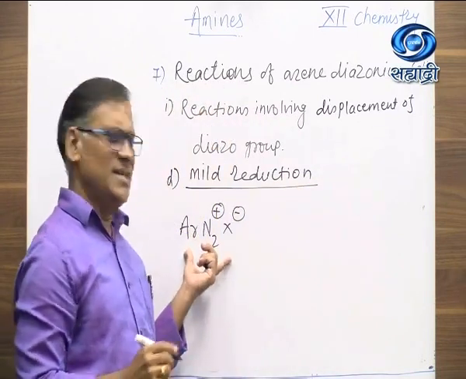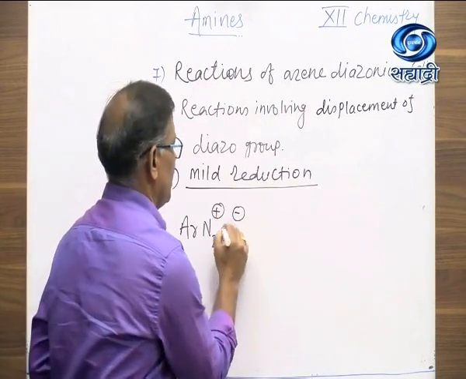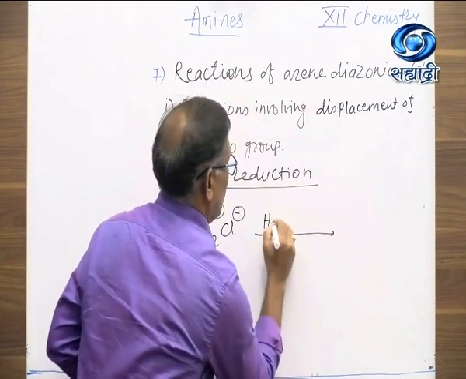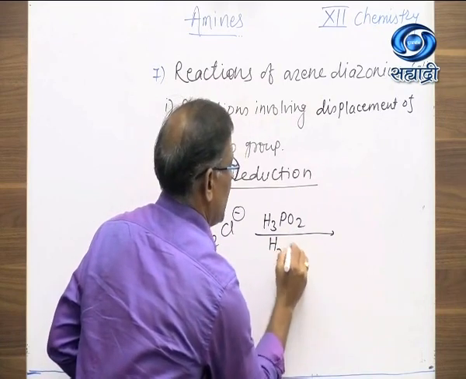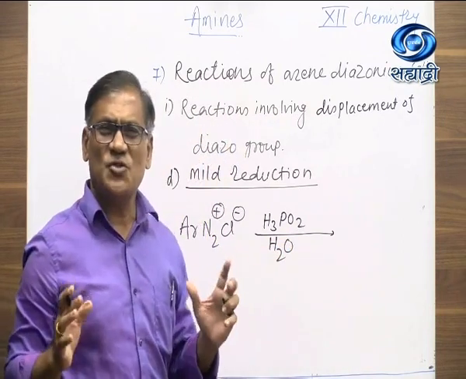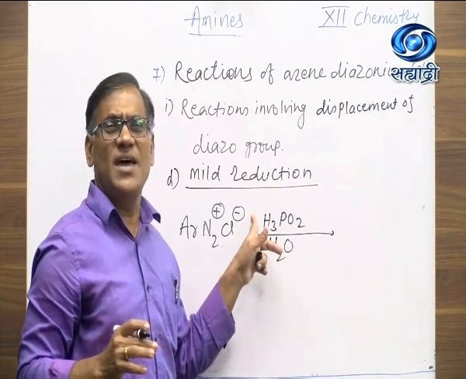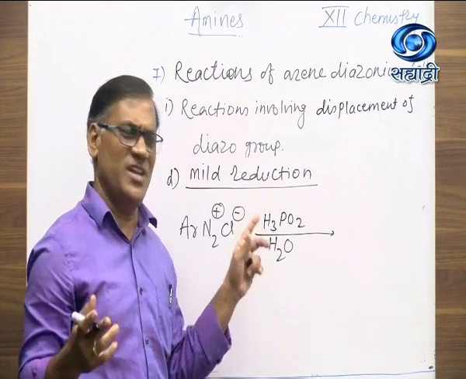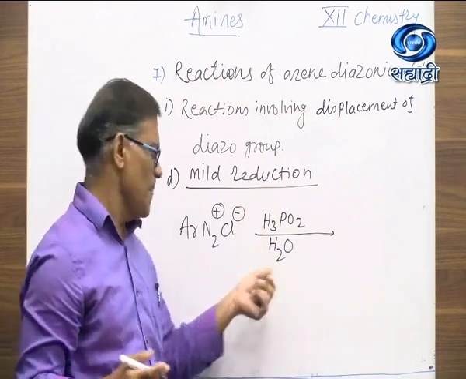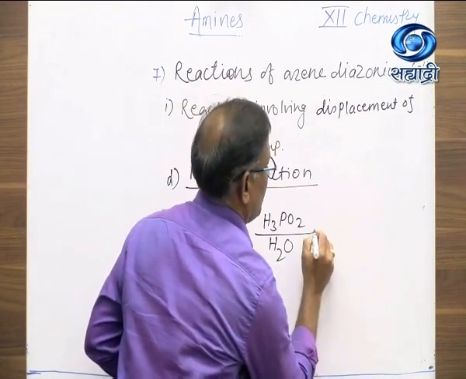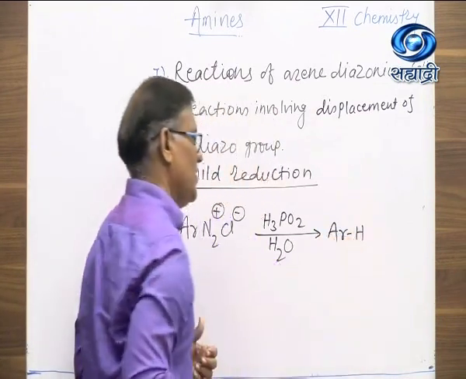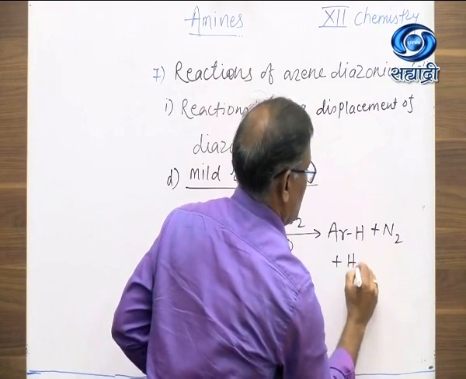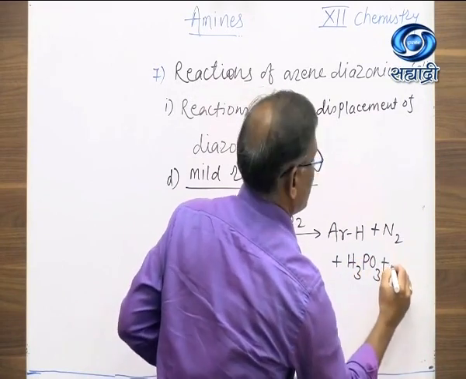Students, in this reaction, benzene diazonium halide, or you can take example of chloride, when treated with phosphinic acid suspended in water, H3PO2 is phosphinic acid, or it is also called as hypophosphorus acid, to form ArH, that is benzene. ArH is nothing but benzene. Again, nitrogen gas is liberated plus H3PO3 and HCl.